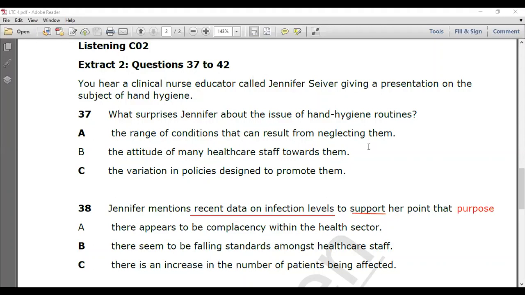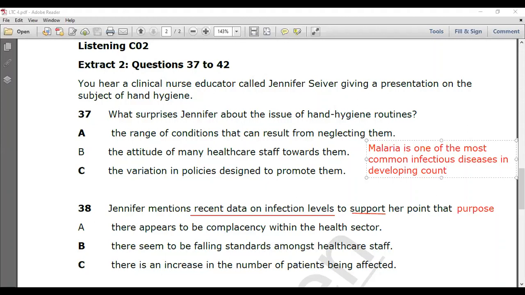Let me give you one example. For example, if I start saying that malaria is one of the most common infectious diseases in developing countries, causing, or you can also say, responsible for many deaths.